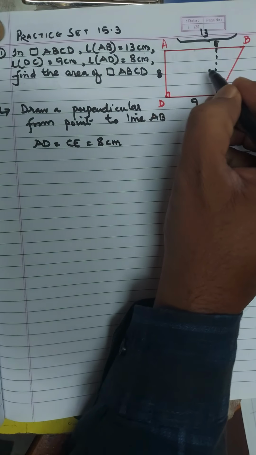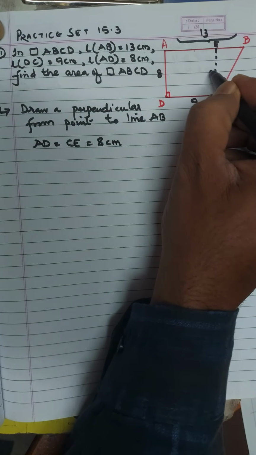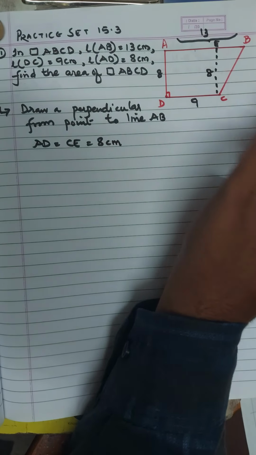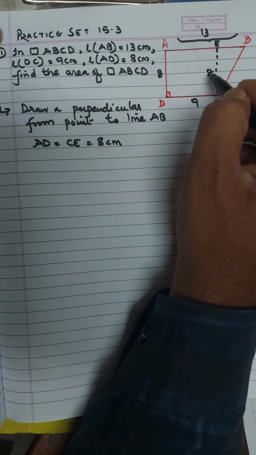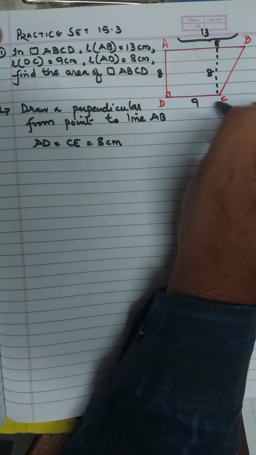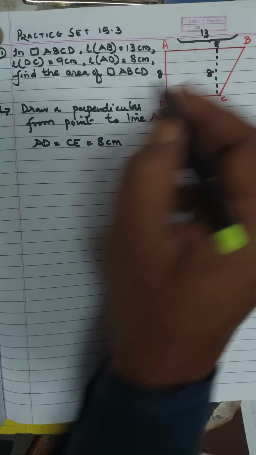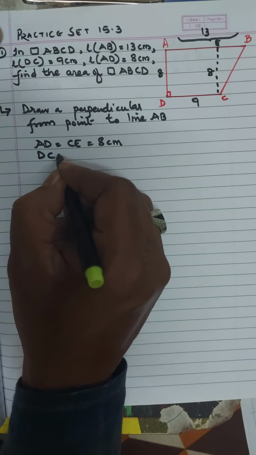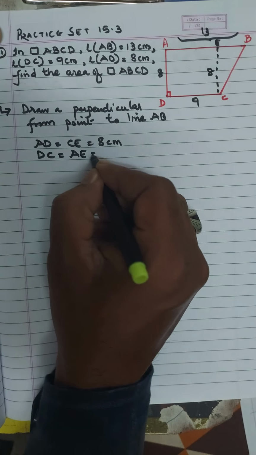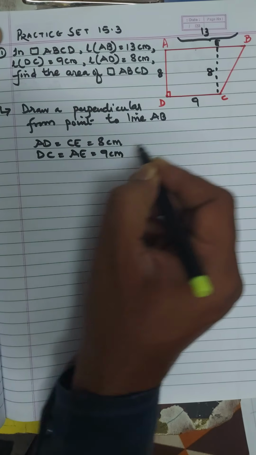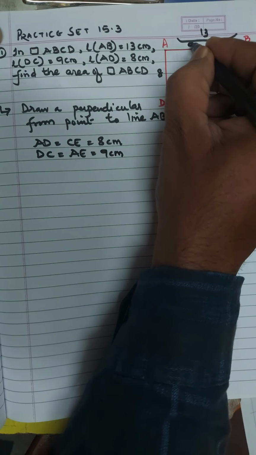So suppose AD is 8 centimeter, then CE is also 8 centimeter because of parallel lines. Also DC is equal to AE because these are also parallel lines. DC is equal to AE is equal to 9 centimeter.